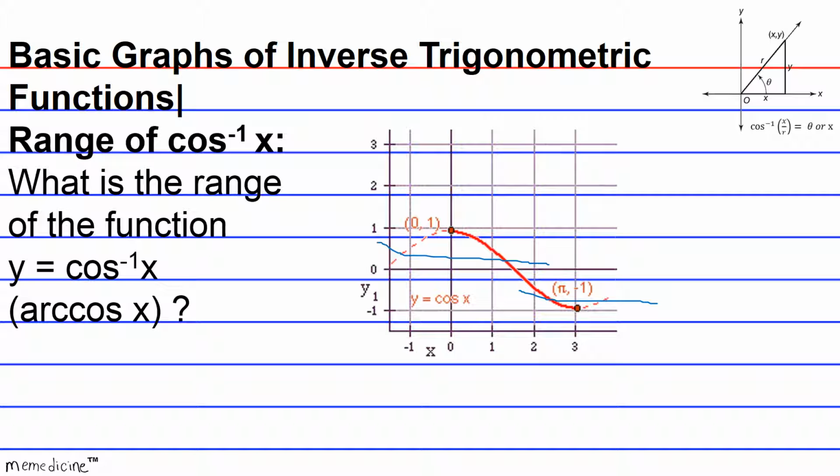That's why I showed you all the different ways that you can have a reference angle in quadrant 1, but also have the same cosine value in other quadrants, okay?